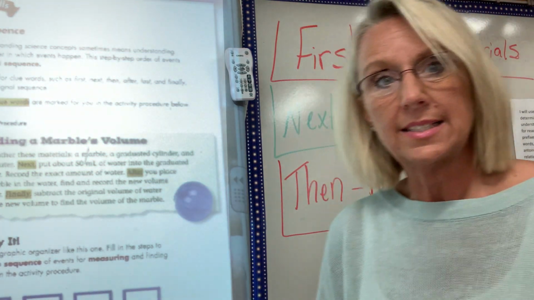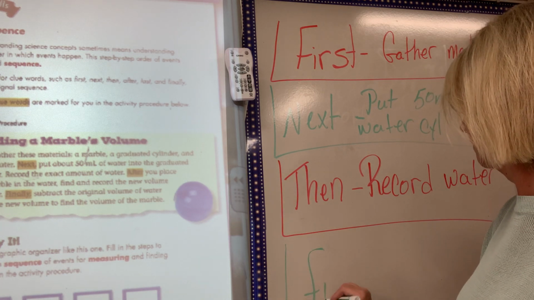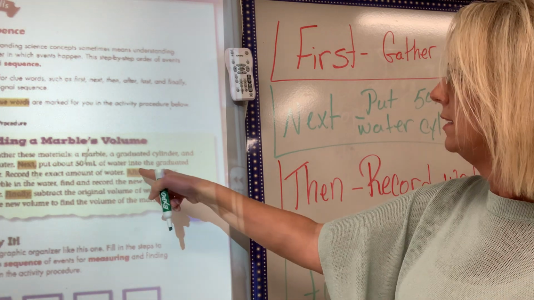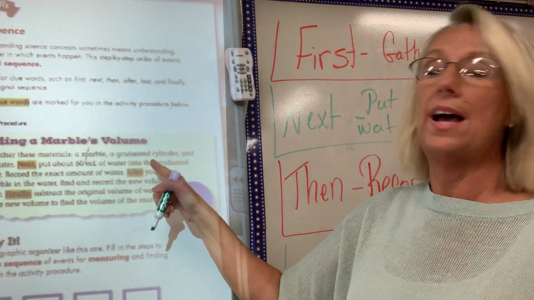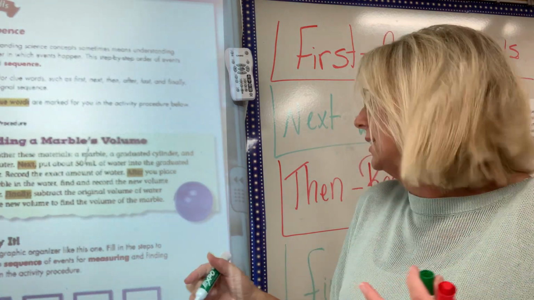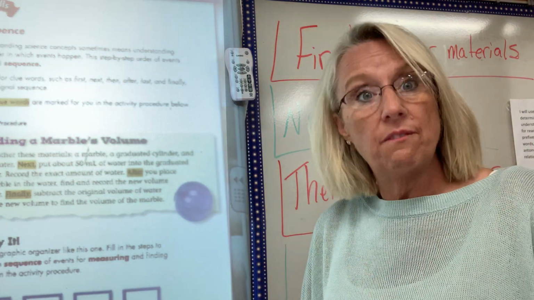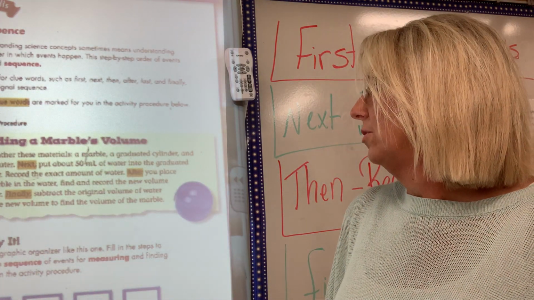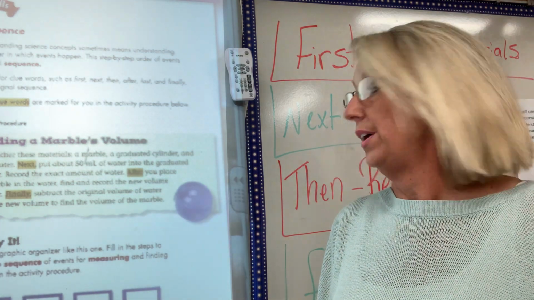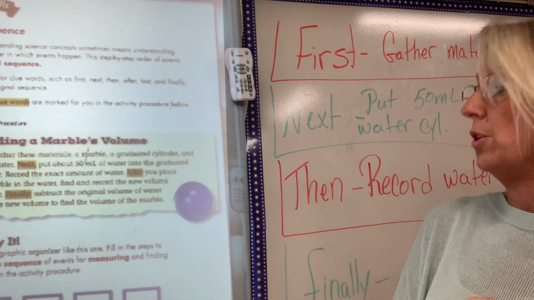The next thing it's asking me to do is that finally. Nothing does it tell me to do is with the after. So I've got to leave it. I can't do anything with it because it's not really a sequence of events, okay? So my then would have been the next logical thing. So finally, subtract the original volume of water from the new volume.